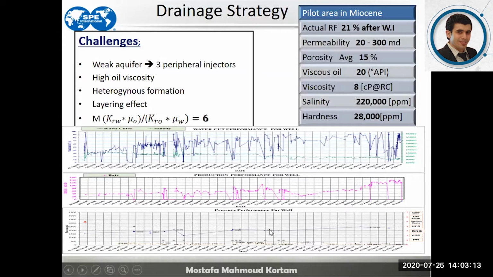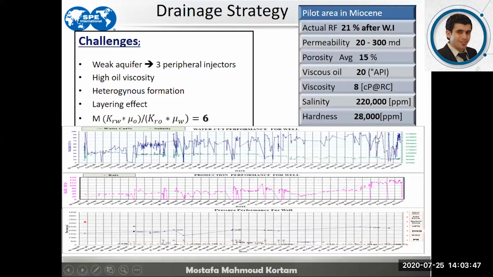It was maintained almost constant most of the time since the start of the injection, and that was due to effective management of the voidage replacement ratio to keep it close to unity. But the problem is that the response and performance of the water cut was a little bit annoying, since the water breakthrough took place in a quicker time, in addition to the oscillation and frequent change of the water cut and the water production.